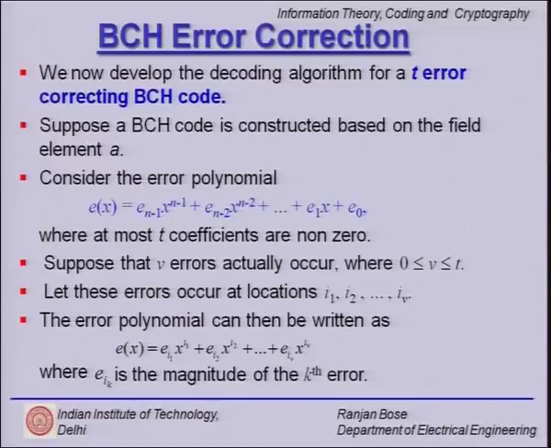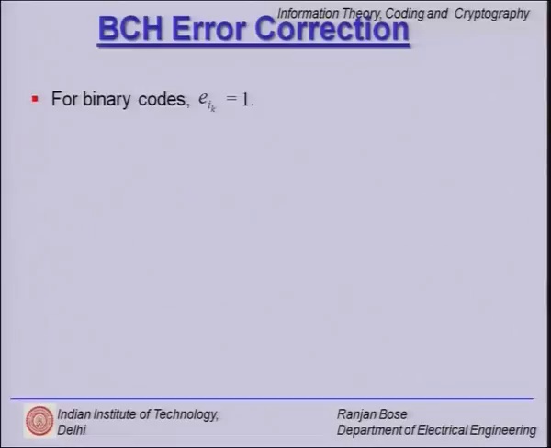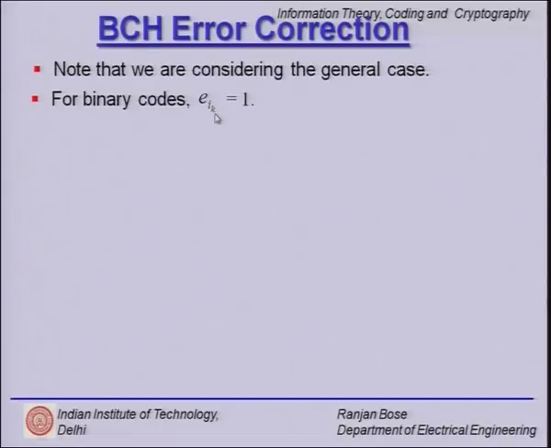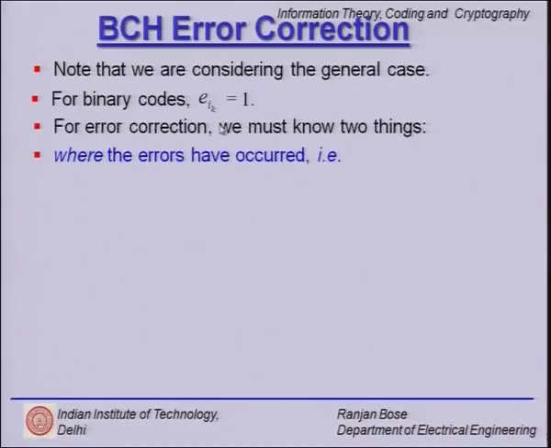So, the error polynomial is written as follows. So, binary codes either e_ik is 1 or 0, but in general it can be any value depending upon which Galois field we are working. So, let us start with the basics.